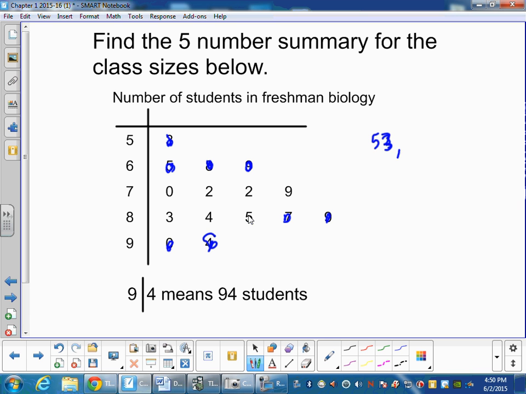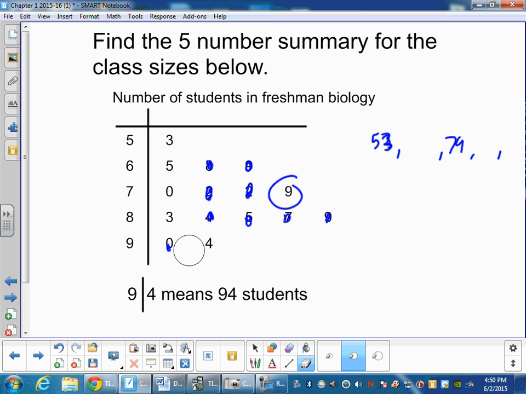One more out. Those are out. Those are out. Those are out. And so 79 seems to be the middle, with the maximum being 94.